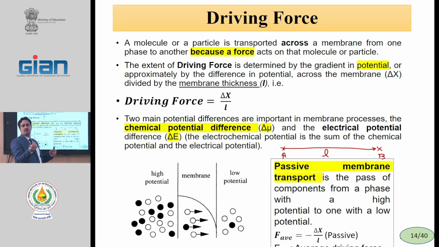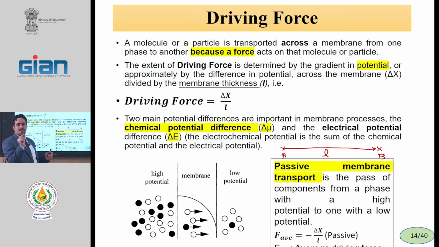Therefore, if we fabricate a thinner membrane, the flux will be increased. Therefore, we must prepare 100 micrometer membranes, because the flux is very important in membrane separation.